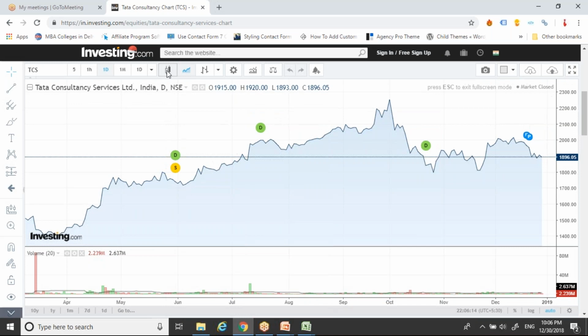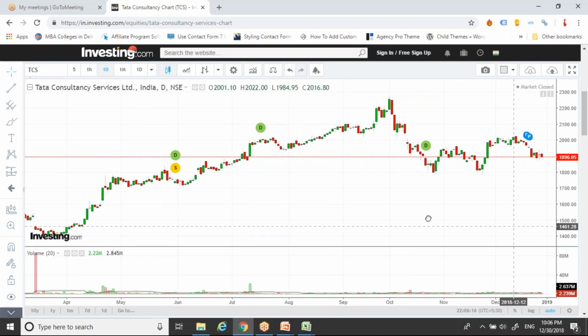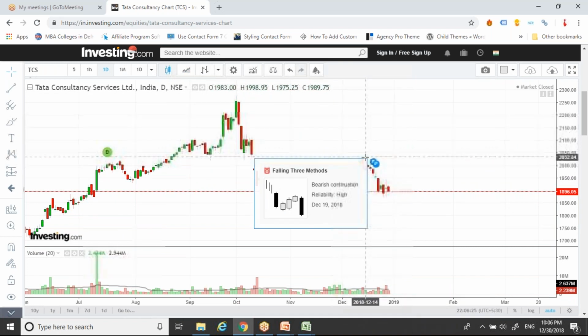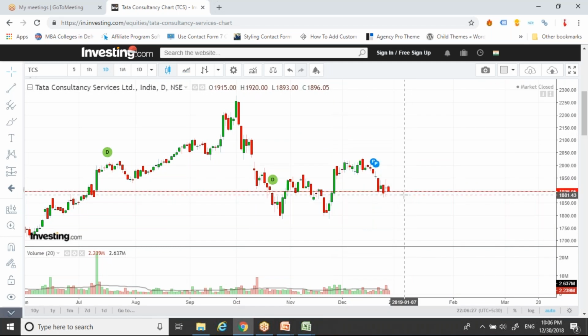So this is TCS, and what I see here is this is currently 1996, and this is like 5 days before, that is 2030. So this is my resistance. I believe that the price will not go above this. So what I do is I'll sell the call of 2000 like 50 nearby.